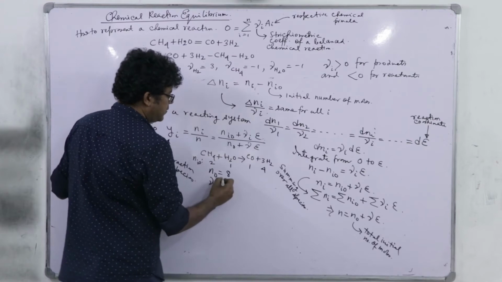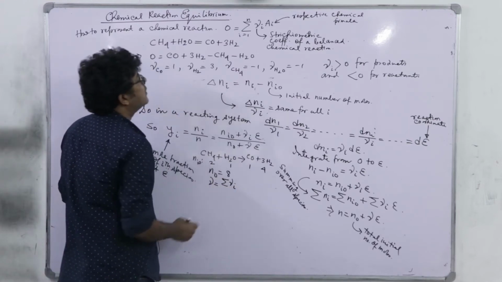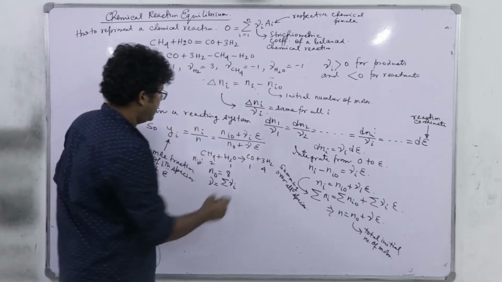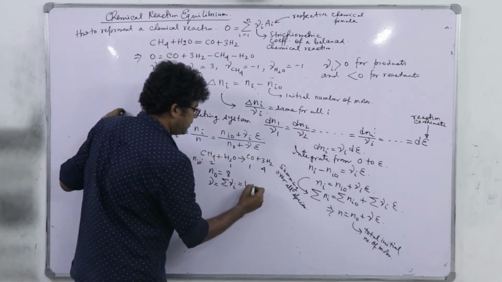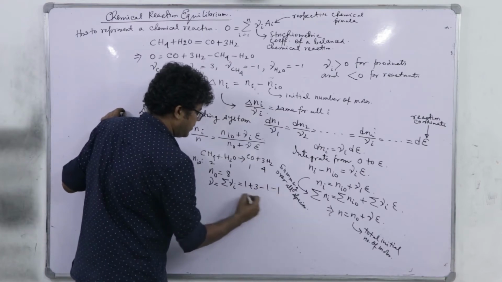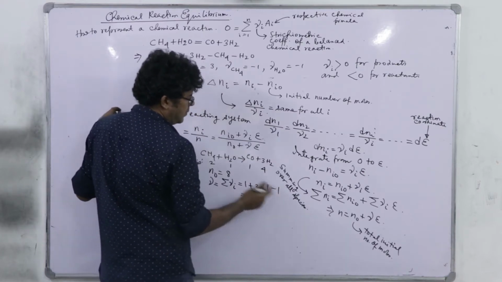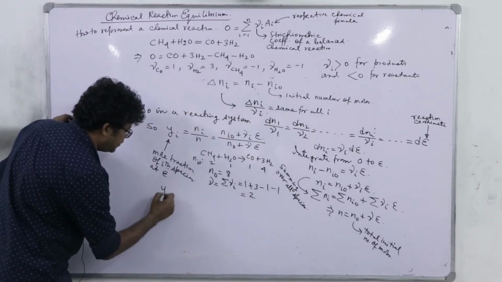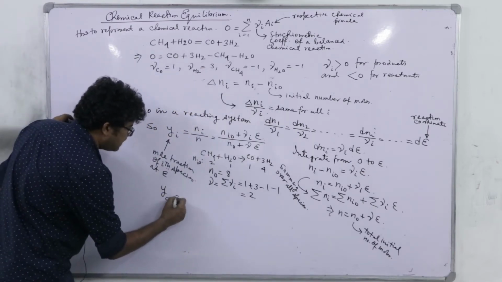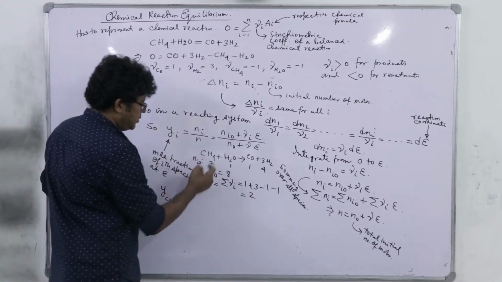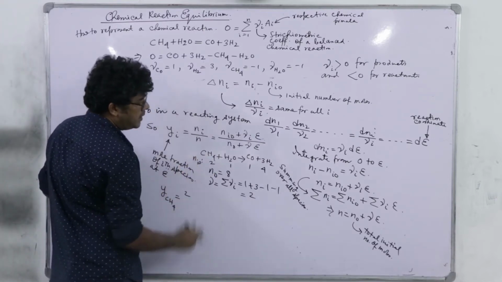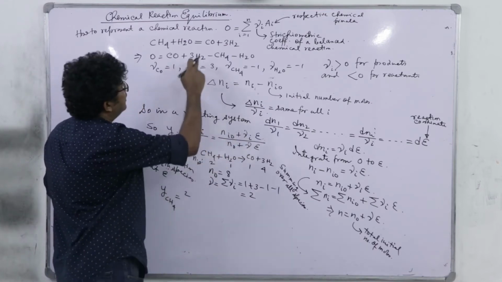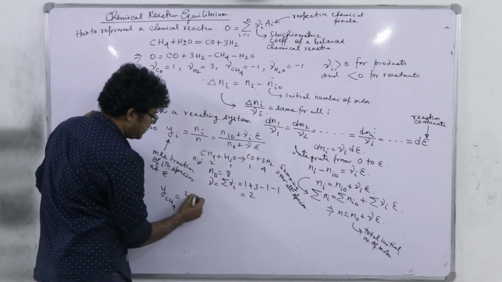And nu, which is the summation of nu i, we have already written it. So, here you see it's 1 plus 3 minus 1 minus 1, so 4 minus 2, that is equal to 2. So, if I want to write y of CH4, it will be equal to 2, then ni into epsilon, and ni for CH4 is minus 1.